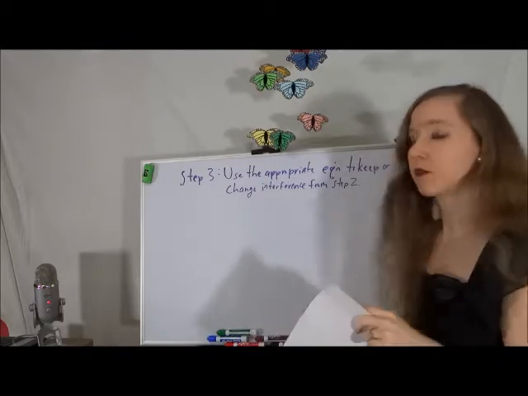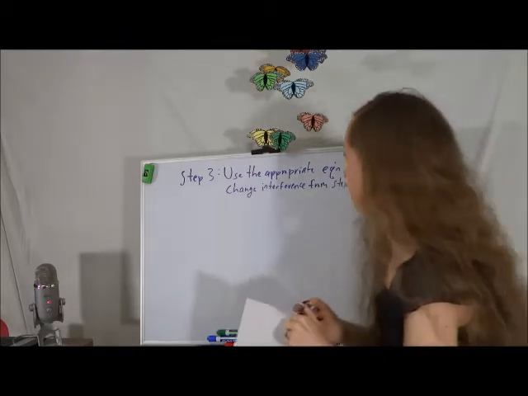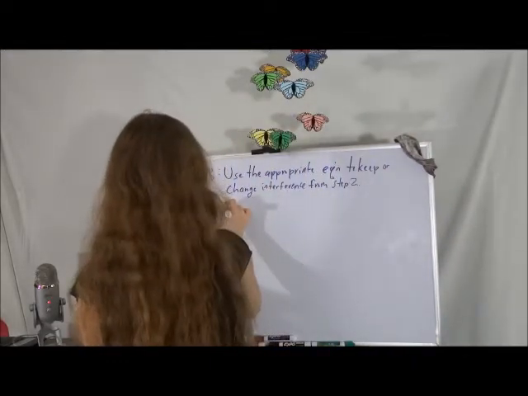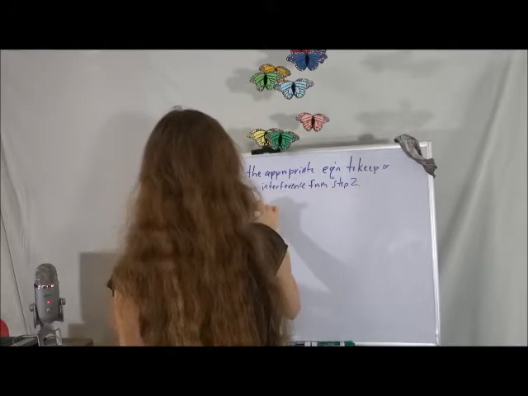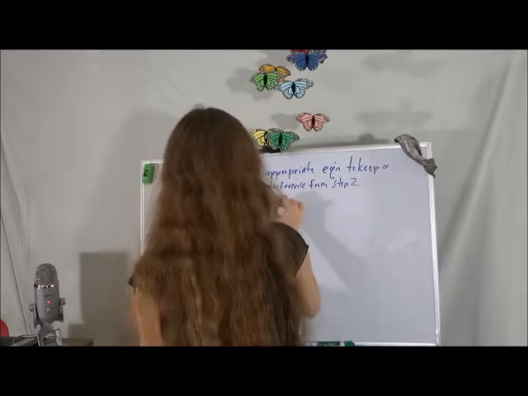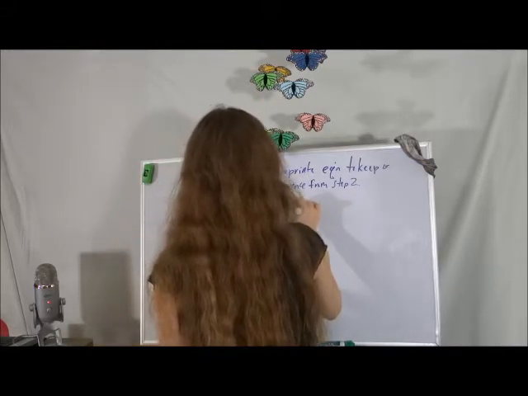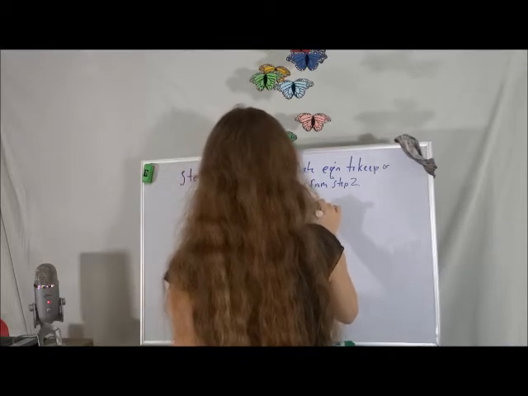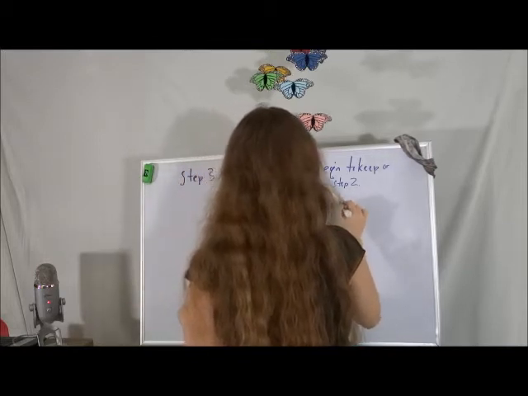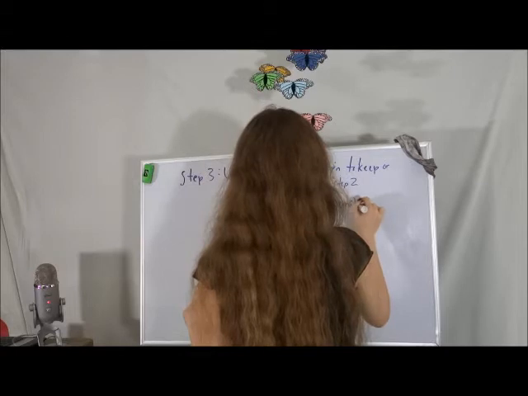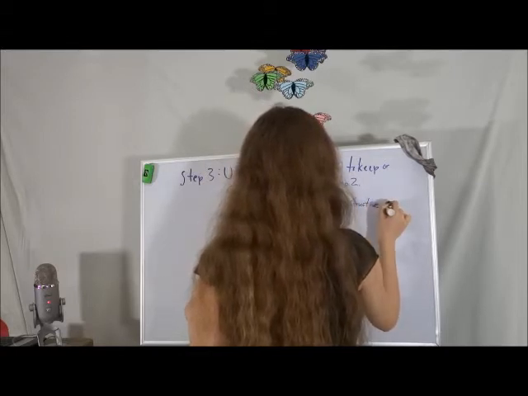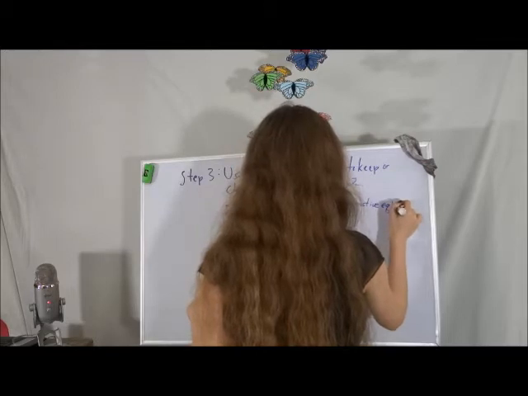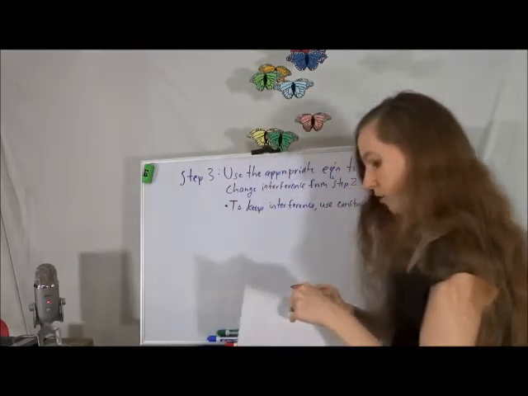So if we want to keep the type of interference we have from step 2, then we're going to use our constructive equation. And we'll write out what the equation is in a moment.